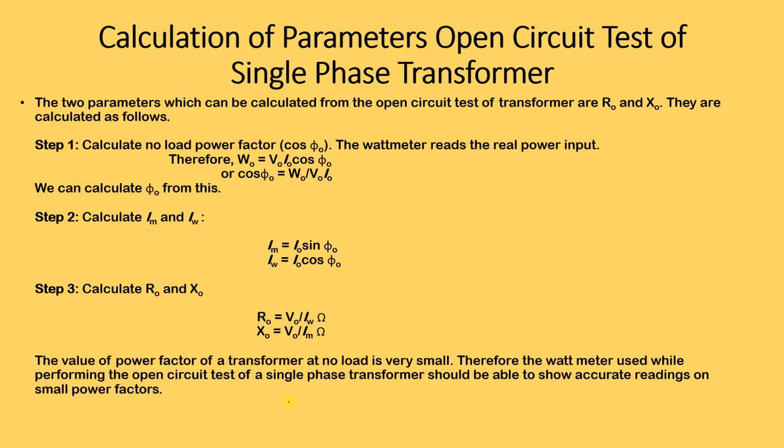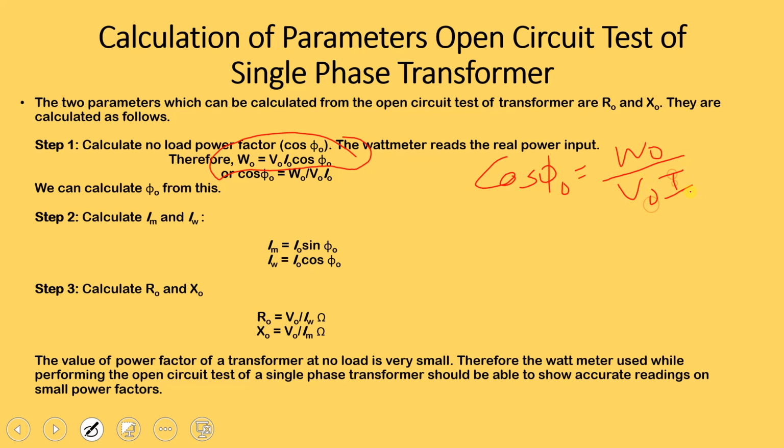Step 1. Calculate the no load power factor cos phi. From the wattmeter reading, W0 equals V0 I0 cos phi0. From this formula, we find cos phi0 equals W0 upon V0 I0.